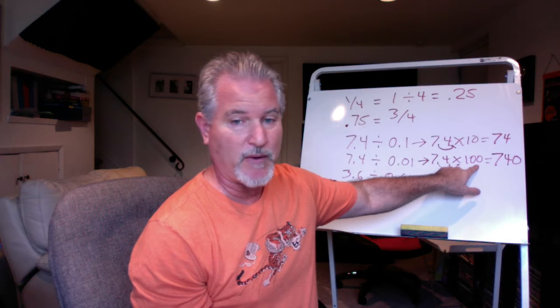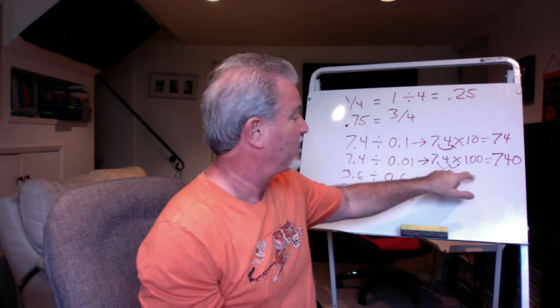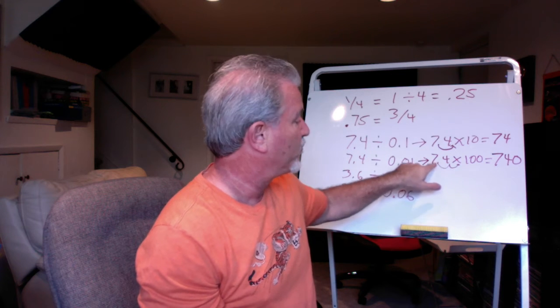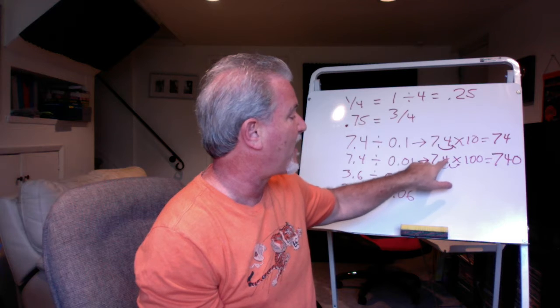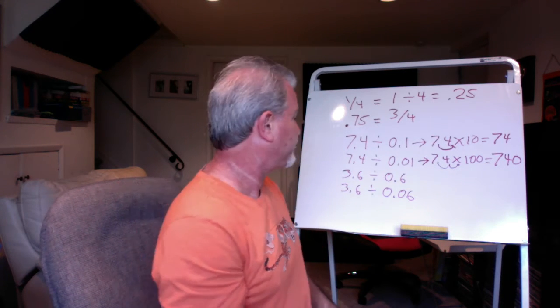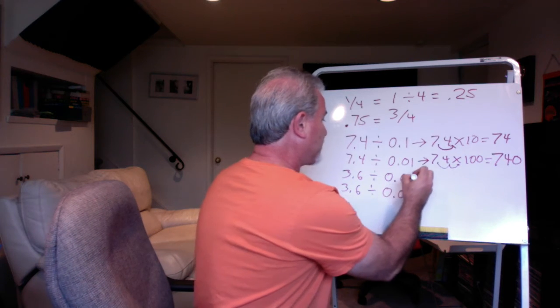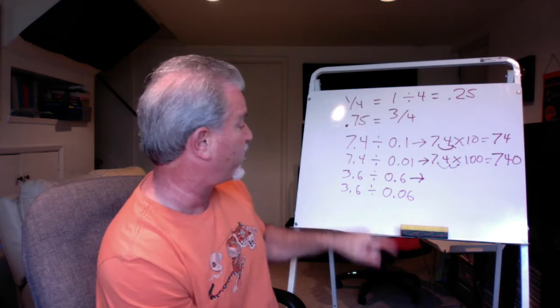That's a good way to remember it. 10 has 1 zero in it, you move it 1 spot to the right. 100 has 2 zeros, you move it 2 spots to the right. And of course, in that blank spot after you move it from the 4, you have to add the 0.